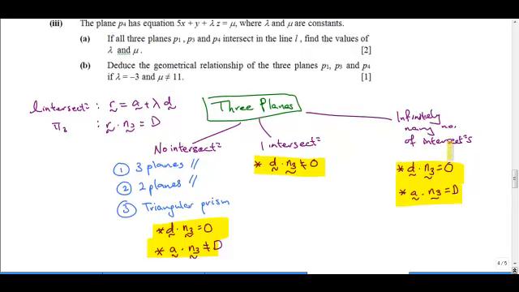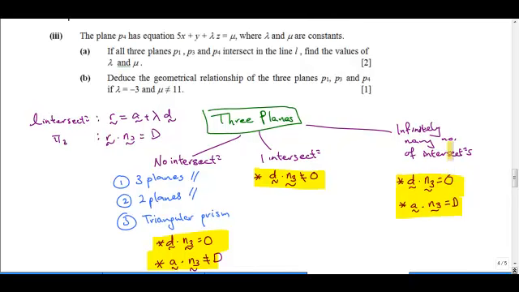So for instance, for this question, I'm told that all three planes P1, P3 and P4 intersect along the line L, which has been found in part 2. And I'm supposed to find the values of lambda and mu. So this is a very typical question for three planes where we have some unknowns.